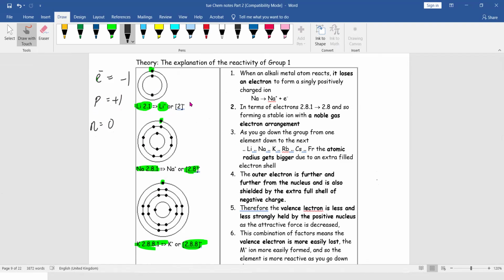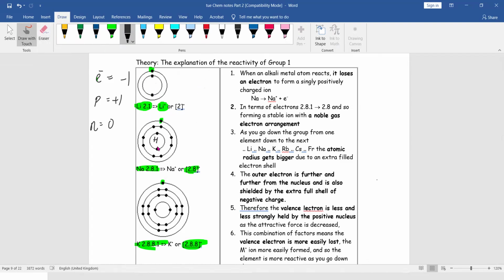Correct? So sodium is 2,8,1, means it has 11 electrons. How many protons will it have? 11, very good. 11 protons. So that means, what is the charge of the nucleus? Positive 11.